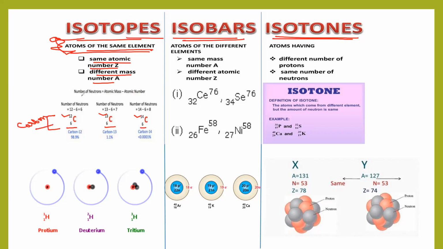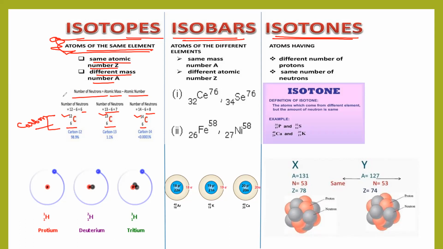Okay, so in case of isotopes, how can we calculate number of neutrons? Atomic mass minus atomic number. So number of neutrons in 6C12 is 12 minus 6, 6. In 6C13, 13 minus 6, 7. In 6C14, 14 minus 6, 8. It means in case of isotopes, the number of protons will be the same, but number of neutrons will not be the same. So if number of neutrons is not the same, then mass number will automatically change.